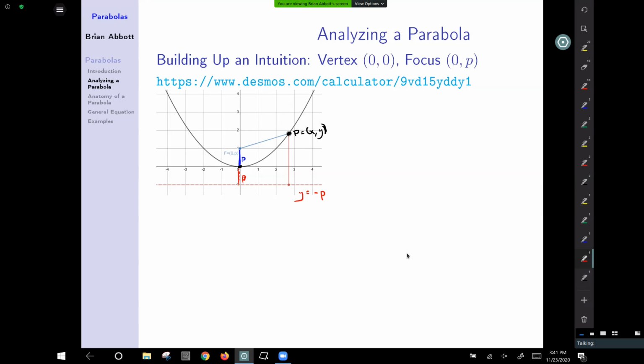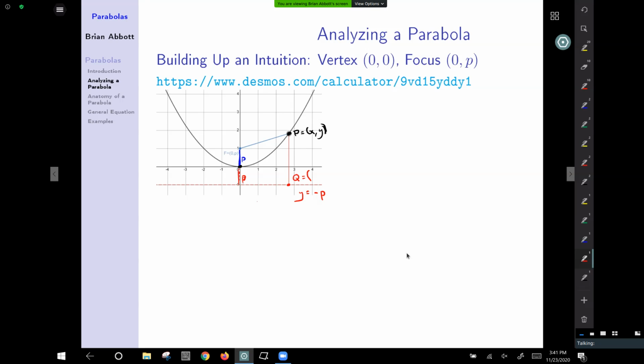So let's see, the distance from the focus to the point on the parabola is that blue distance, and that's the same as this red distance, which is the distance from the point on the parabola to this point down here on my directrix line, which I'm going to call this point capital Q. Capital Q equals, well, what is Q?